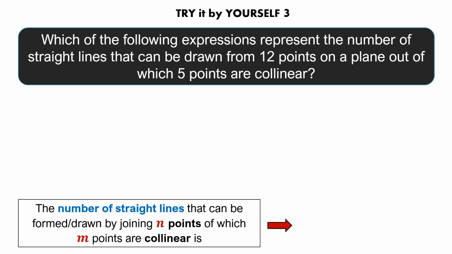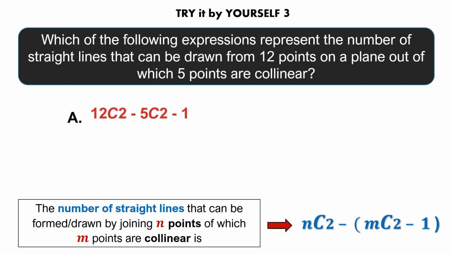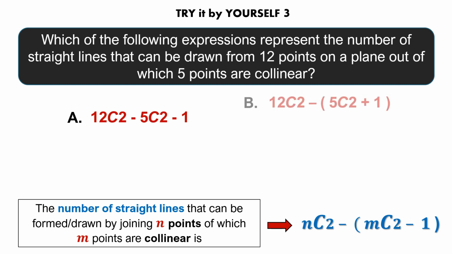And this is the formula. N choose 2 minus quantity M choose 2 minus 1. And these are the following choices. Letter A, 12 choose 2 minus 5 choose 2 minus 1.